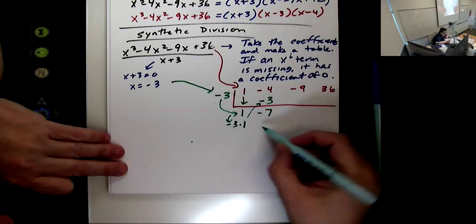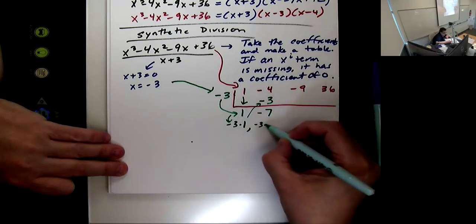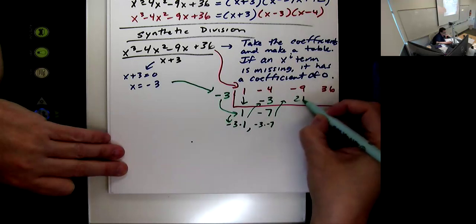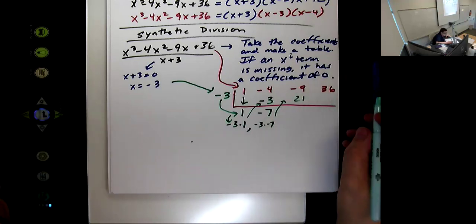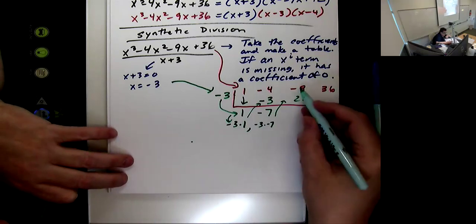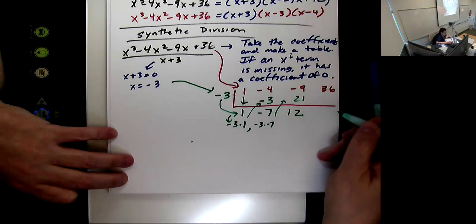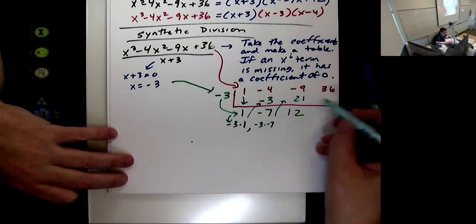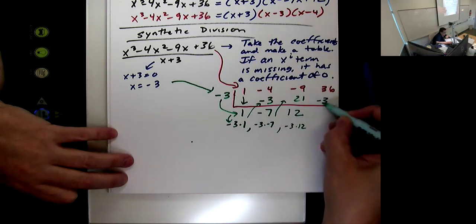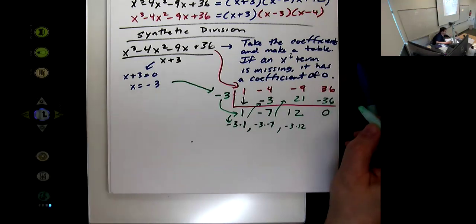And then I'm gonna do it again, -3 times -7 is 21, and I'm gonna put that here. I add these up, I get 12. -3 times 12 is -36. I put that here. I add this up and I get 0.